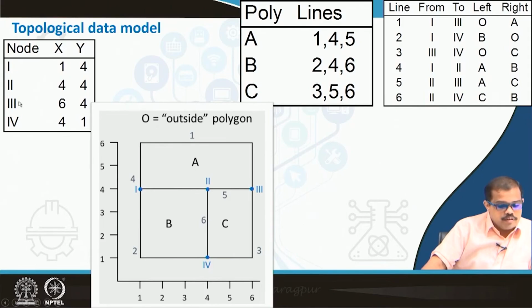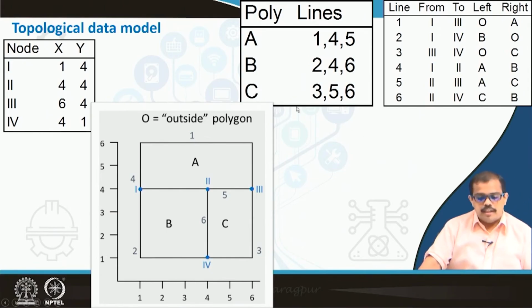Node 3 is 6 and 4, and when you look at node 4, it is between 4 here and 1. That is why you represent a point.